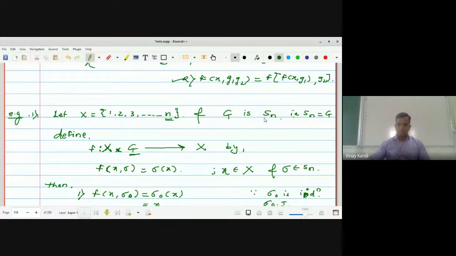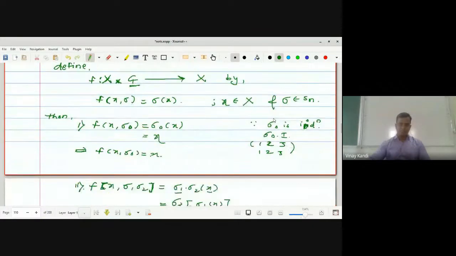What is Sn? It is the permutation group, or symmetric group. What is the symmetric group? The collection of all one-one onto functions from set X to X, containing n elements. This f is the function from X cross G to X, satisfying these two properties.